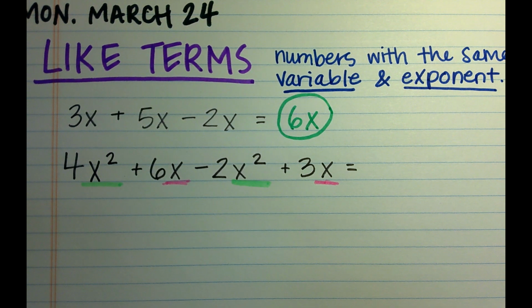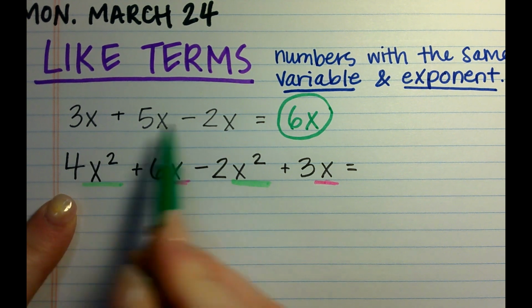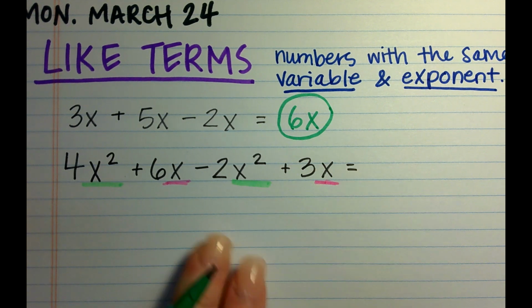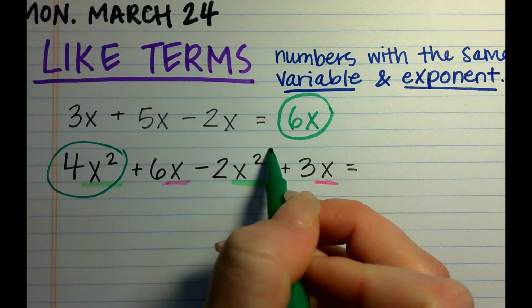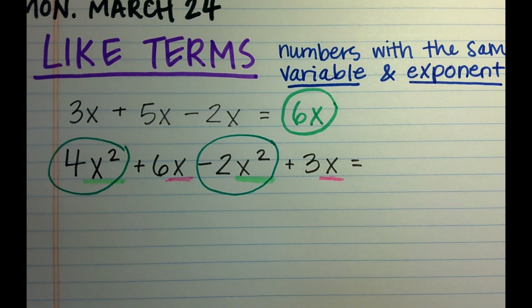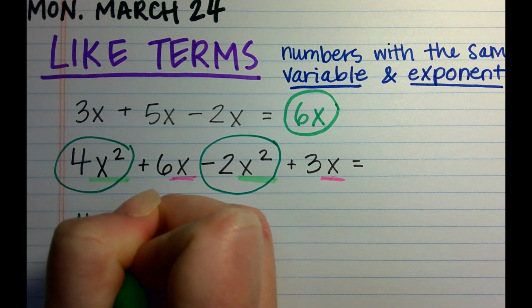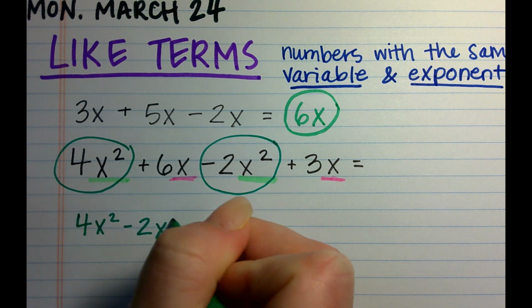I have my 4x squared, and we said that there's a like term here, the minus 2x squared. What I'm going to do is sort of rearrange this problem. I'll take my 4x squared minus 2x squared, and rewrite it down here at the bottom.